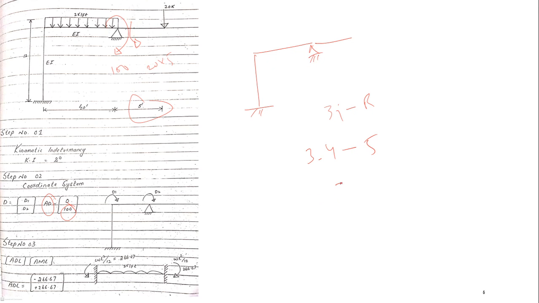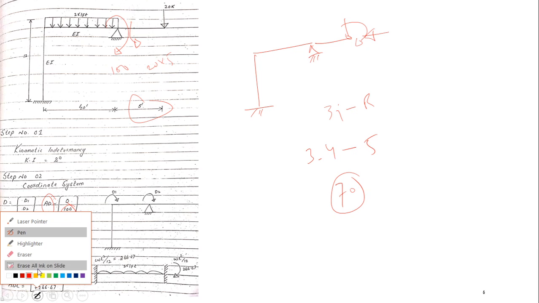So it comes out to be 7 degree. 7 degree means here it was 3. So straight away it has been subtracted, because this portion has been converted into an overhanging portion. I mean, it has been converted into applied moment. You can easily do it using the inspection method as well.